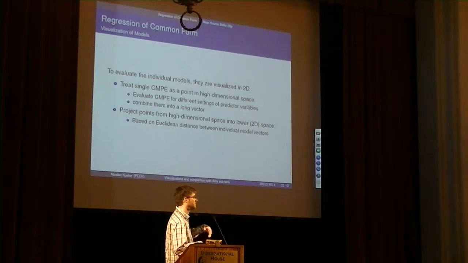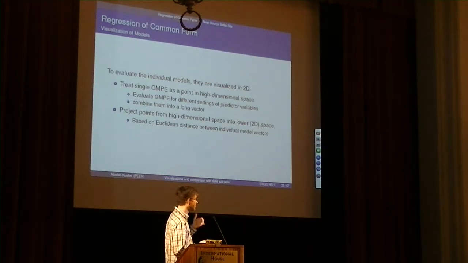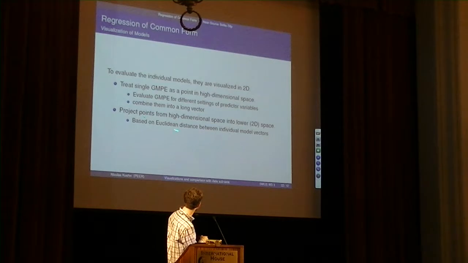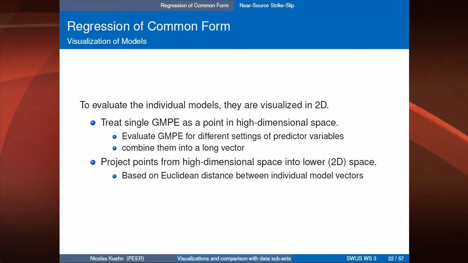This gives us a high-dimensional vector, and then we visualize this vector in 2D. The way we do this is that we try to preserve the Euclidean distance in high dimensions in 2 dimensions, so that points which are close in high dimensions are close in 2 dimensions. This is basically what we're trying to do.